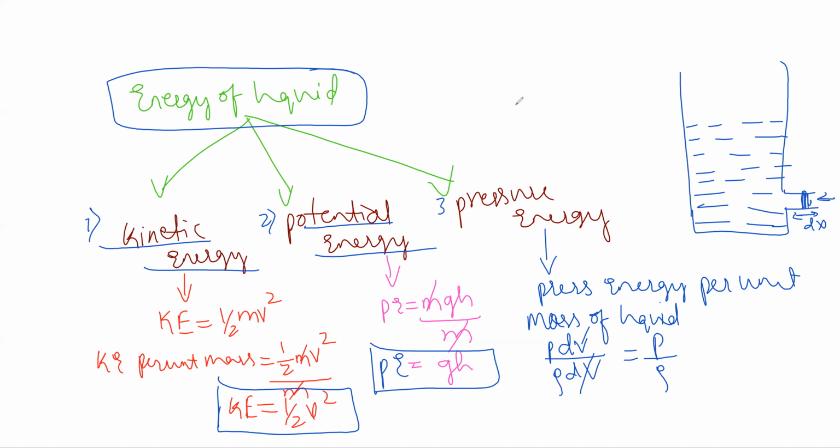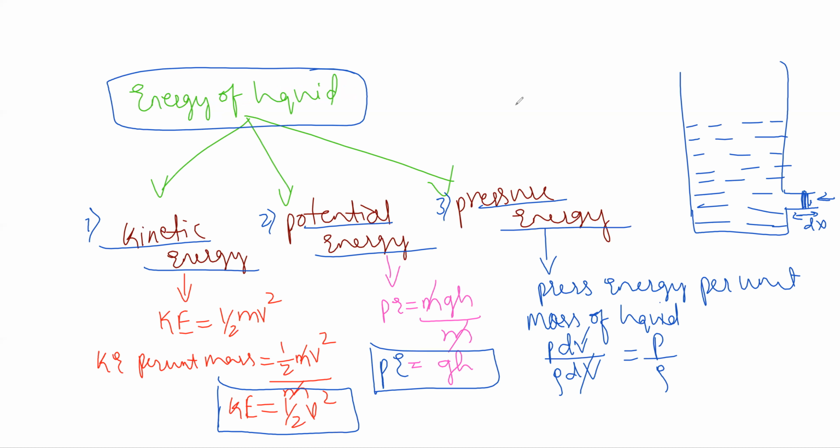The third type is pressure energy. Energy possessed by a liquid by virtue of its pressure is called pressure energy. How does this pressure energy come about? Let us derive the expression for pressure energy. Let us consider this diagram to explain it.